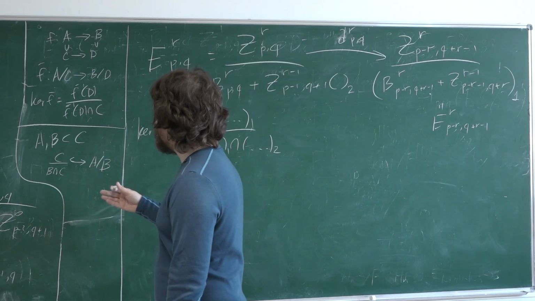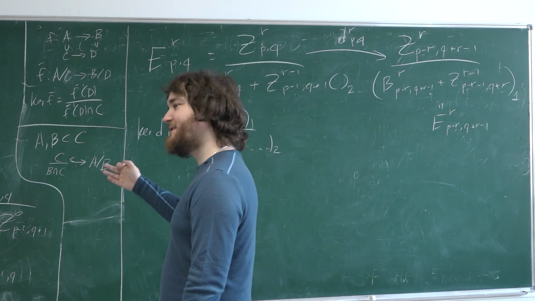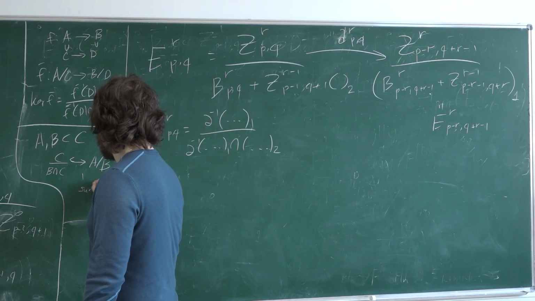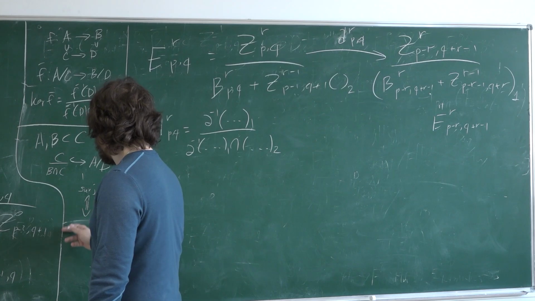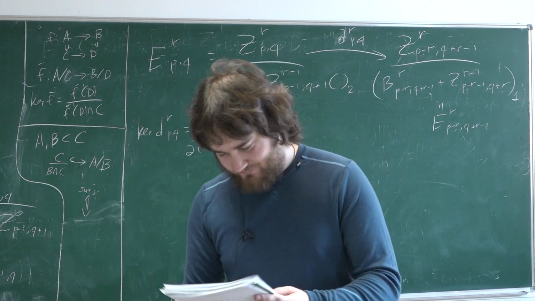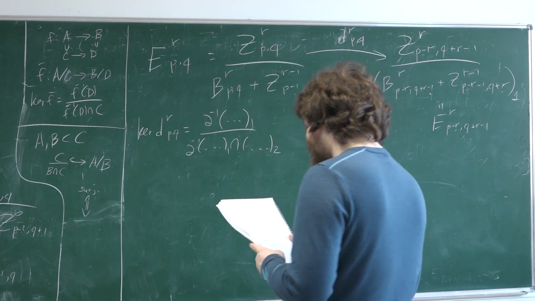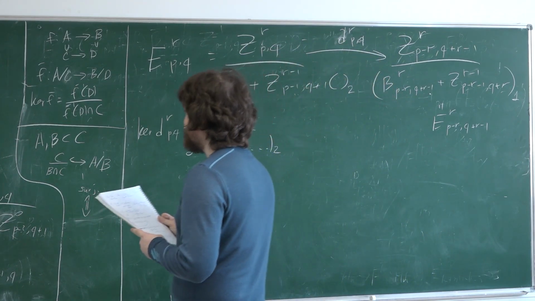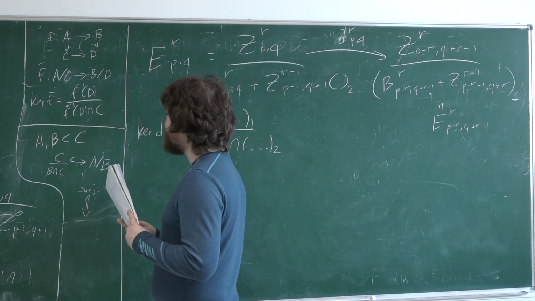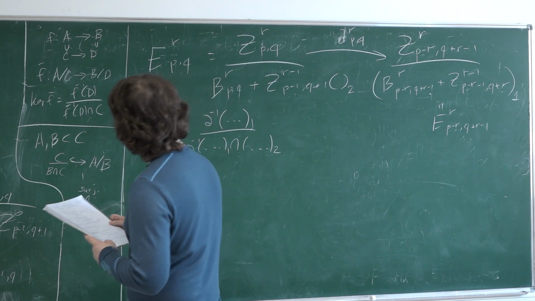The question is what the image is, and when it's surjective, when it's an isomorphism. If and only if what? It's a question for you. B intersect with C? But B lies in C.